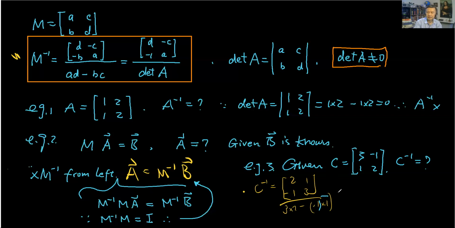So what is the factor? Sorry, the determinant is going to be 6 minus negative 1, which is 7. So it's going to be 2, 1, negative 1, 3 over 7.